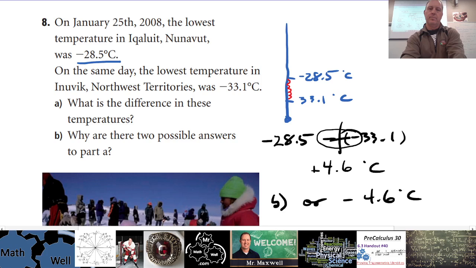But if you're in Inuvik and you're going to Iqaluit, then it's going to get 4.6 degrees warmer. So the two possible answers could be the positive or negative versions, depending on which way you move from one to the other, you would experience either a warming or a cooling.